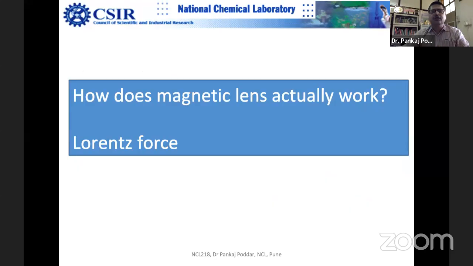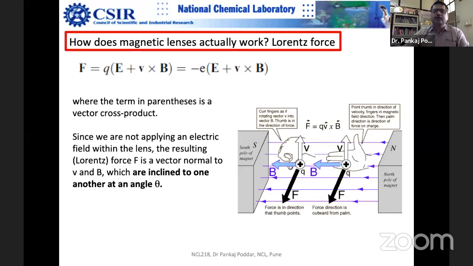After that, we had some discussion on why electrons take a helical path, not the straight path, the way we show normally in the sketches. The electrons take a helical path because these electrons are at a certain angle with respect to the magnetic field.